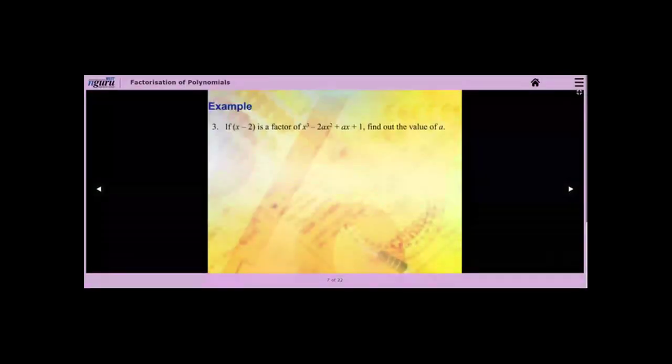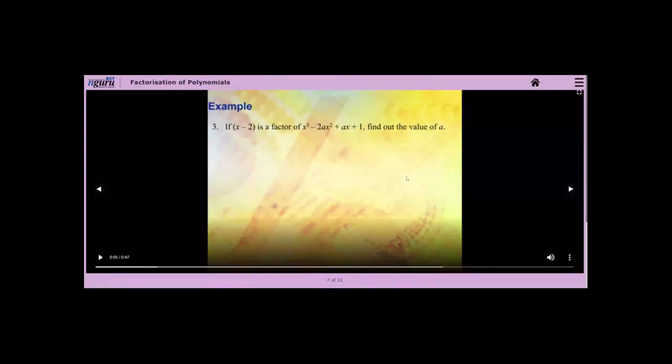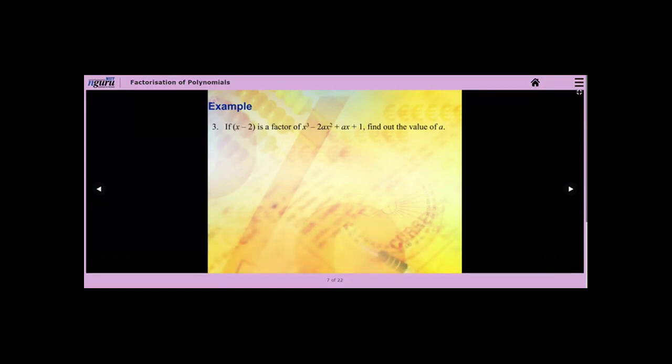If x minus 2 is a factor of x cubed minus 2ax squared plus ax plus 1, do this. Find the value of a. Ma'am, a equal to 3 by 2, ma'am. It is given that x minus 2 is a factor of the given polynomial.